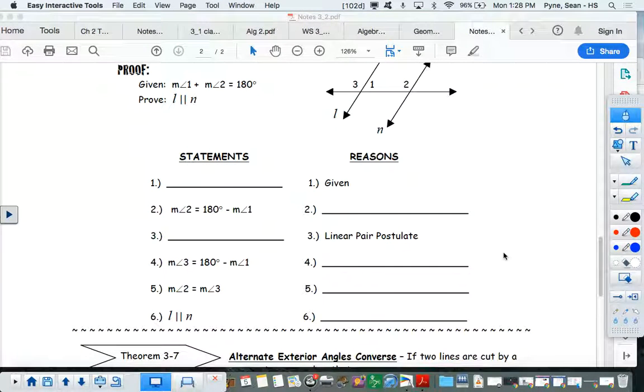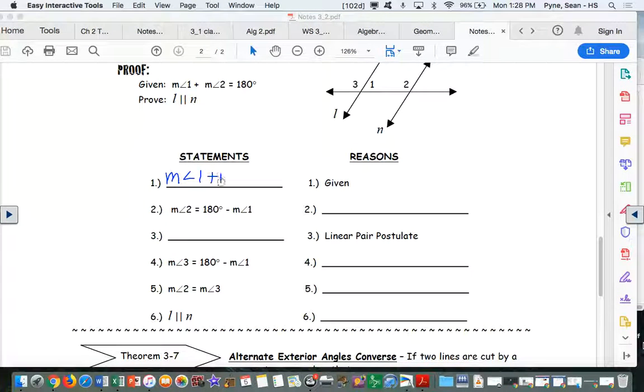The first one: the measure of angle 1 plus the measure of angle 3 equals 180. Excellent, and that's given. Now, how do I go from 1 to 2? Subtraction, excellent. I subtract the measure of angle 1 from both sides. Very good.